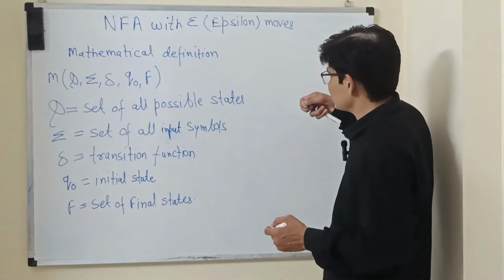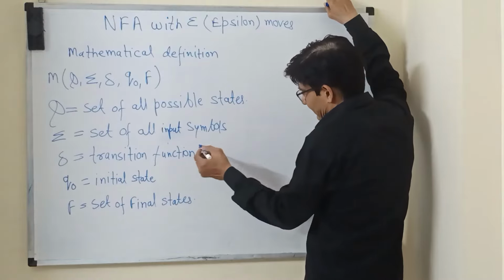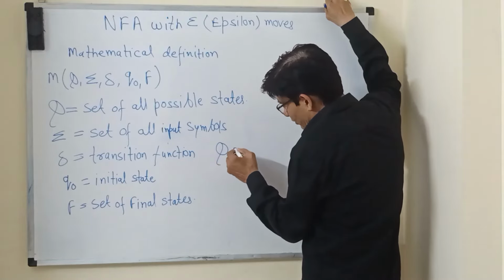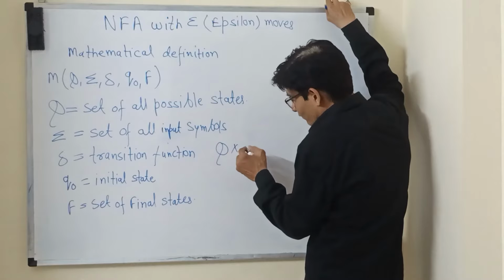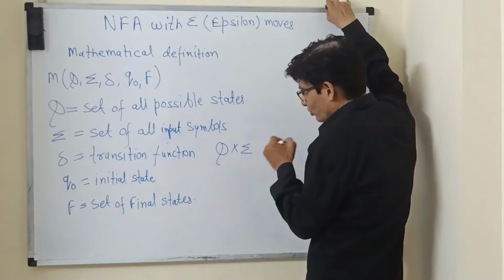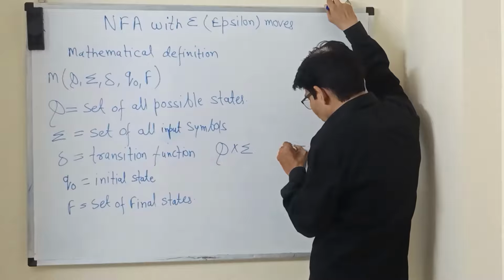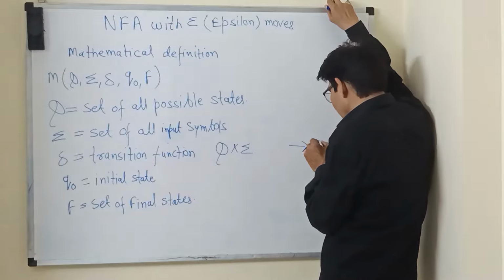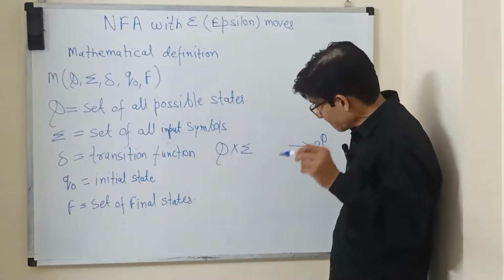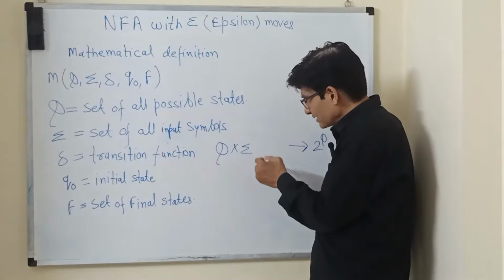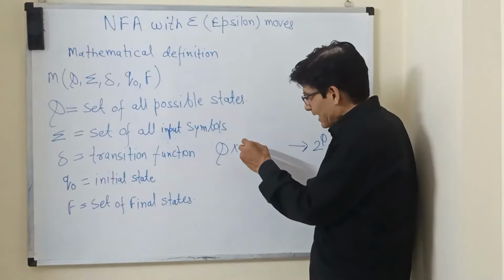So here you can see, I can write it like this. Q, we will see the present state of the machine, and then we will see the current input symbol that we are reading, and we can move to any subset of Q. But here you can see, along with the input symbol, we are also using epsilon.